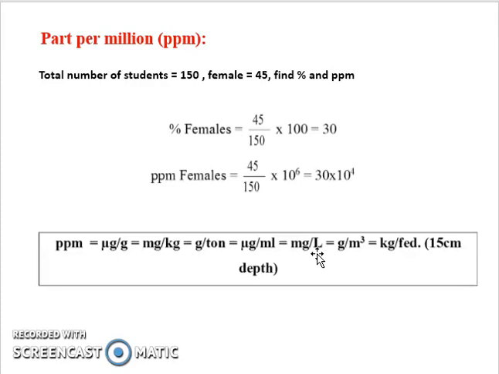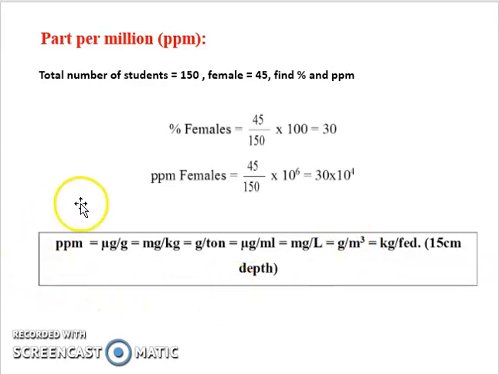Consequently, when we say milligram per liter, it is a liter of water, so milligram per liter means ppm. But if the solvent is not water, then milligram per liter will not equal ppm. Be careful. Okay, gram per meter cubic of water is also ppm.